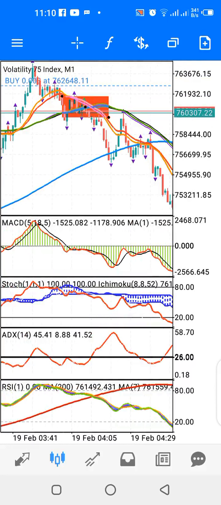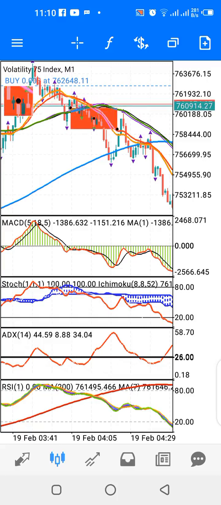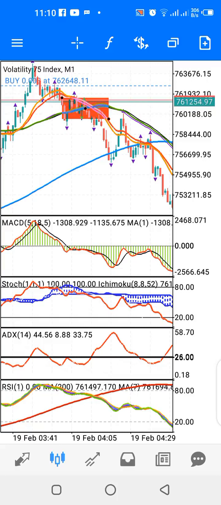Now if you are going to trade based on the crossing of the orange and red lines on the green, black, and purple lines, like this is a signal, we have a signal here.